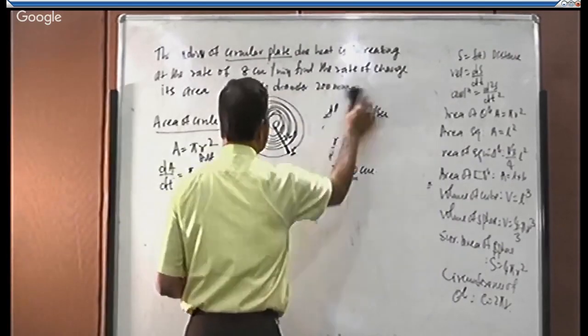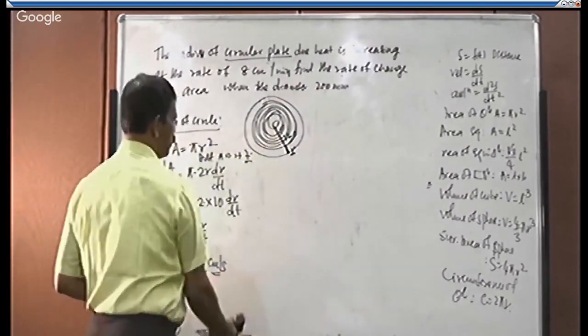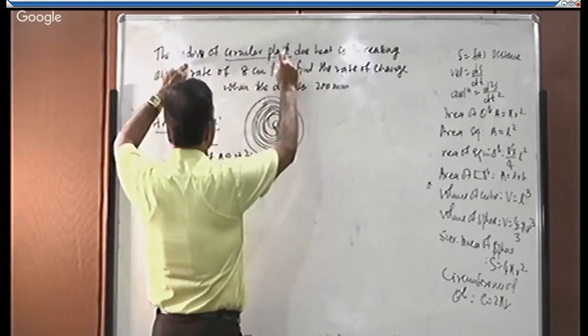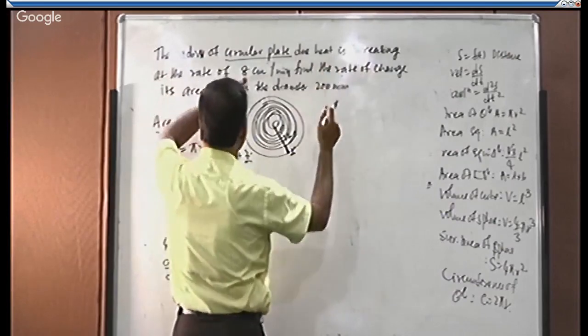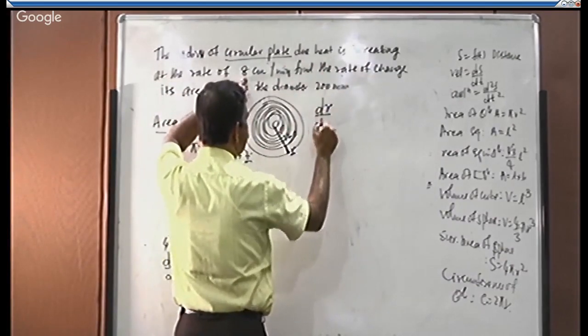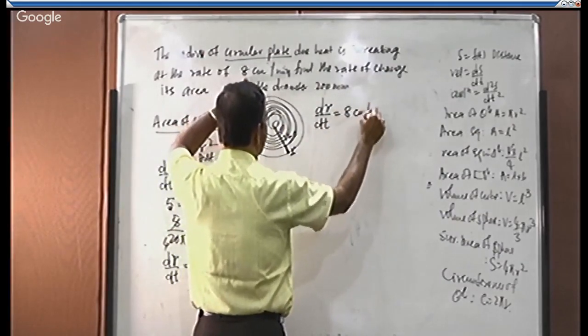So what is given and what is to be found? Read the question. The radius of a circular plate due to heat is increasing at the rate of 8 centimeter per minute. Radius is increasing means dr by dt is how much? 8 centimeter per minute.